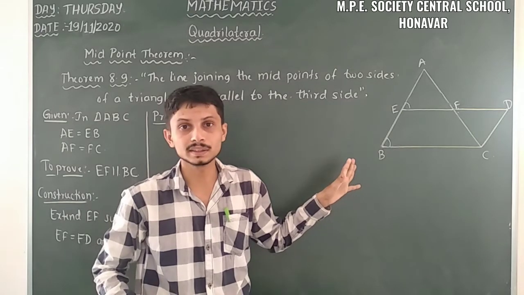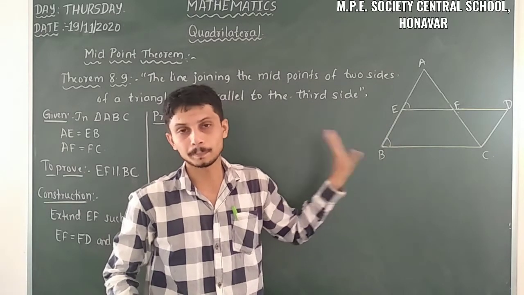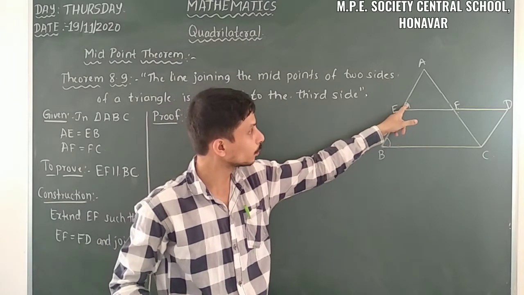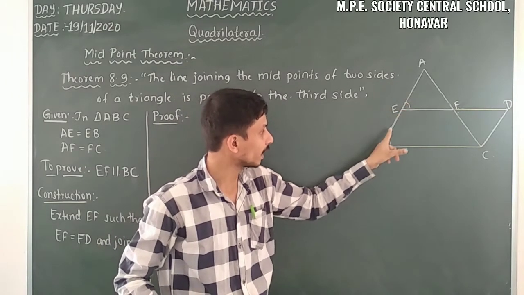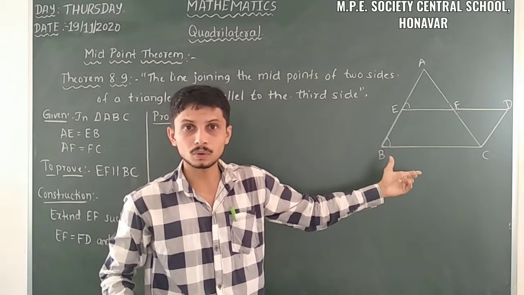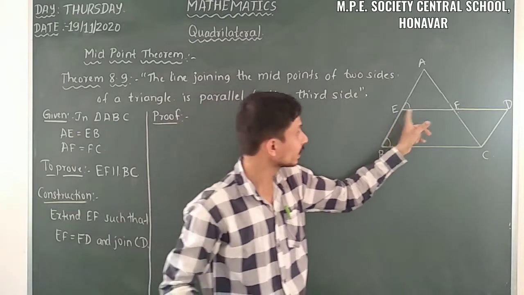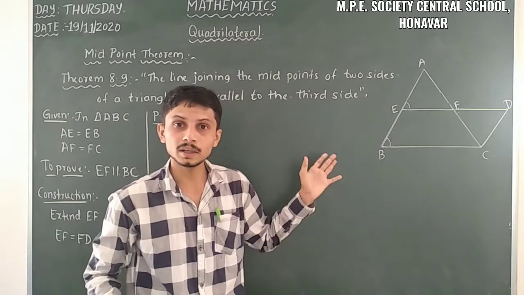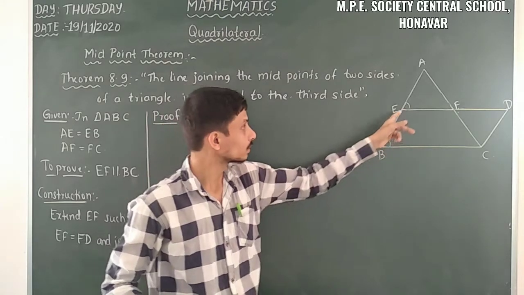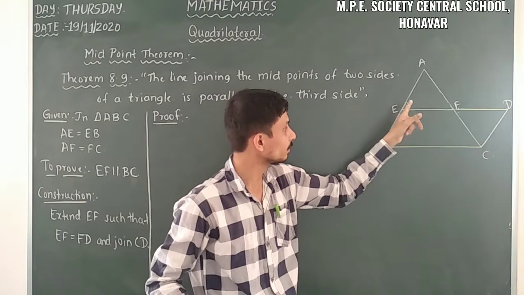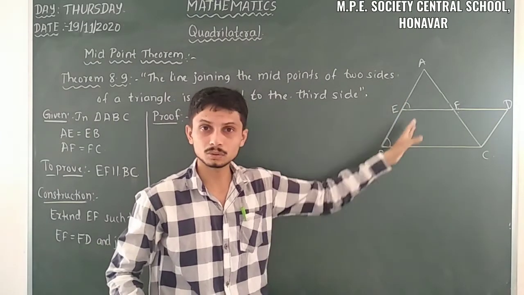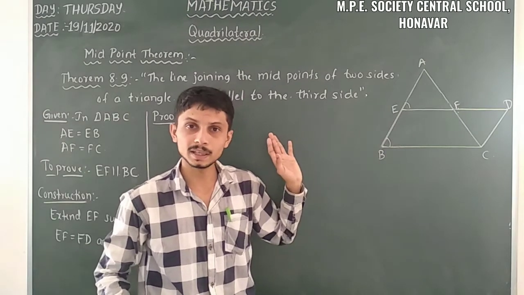Then we can consider those two lines parallel. So firstly we have to prove that angle AEF and angle ABC are equal, and then we can easily take EF is parallel to BC.